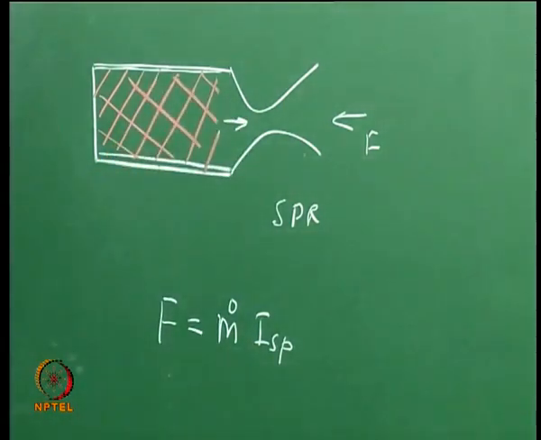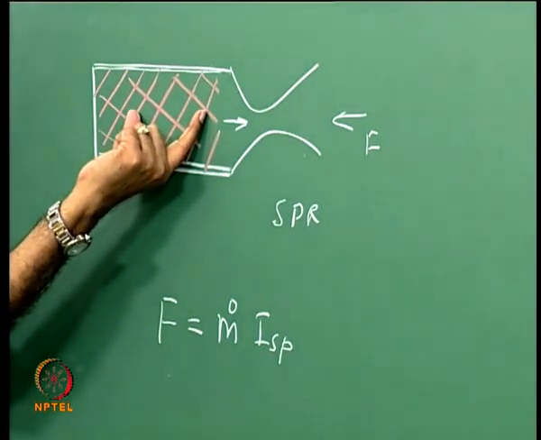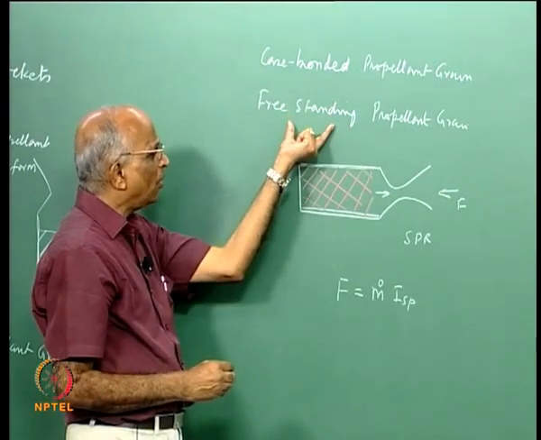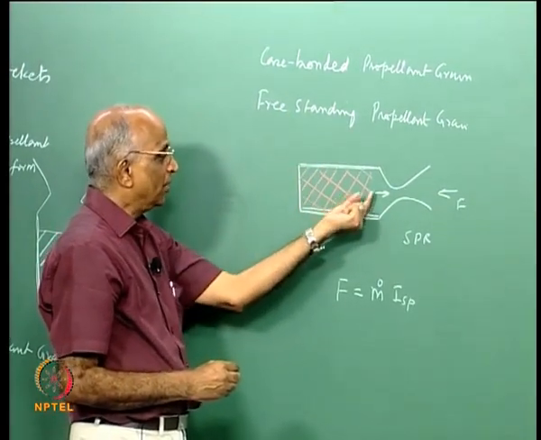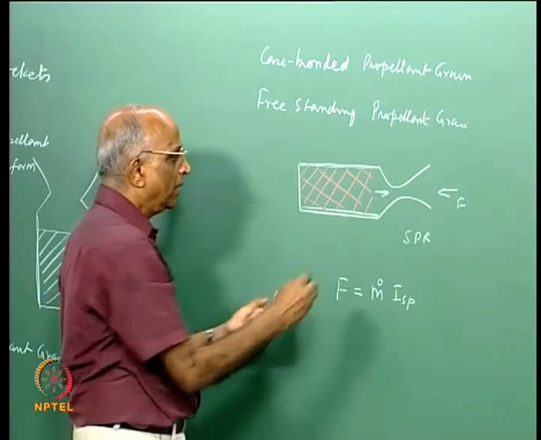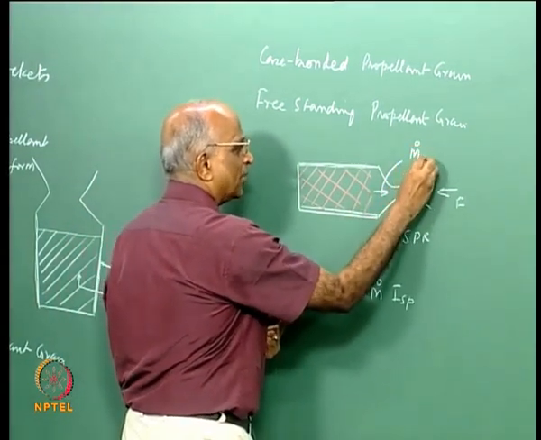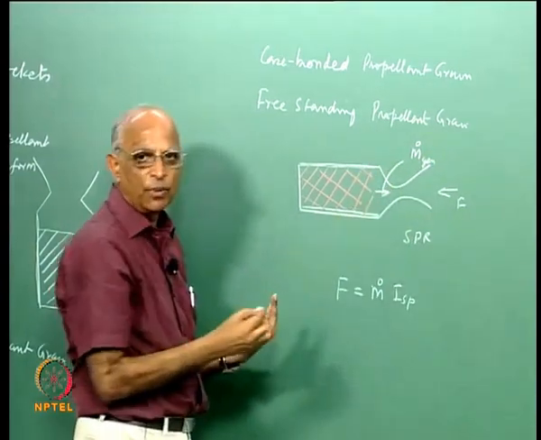Therefore, in today's class we will first examine how you make a propellant grain, which could be one of the two, case bonded or freestanding, such that when I ignite it and start burning it, I ensure that sufficient mass is generated from the propellant.